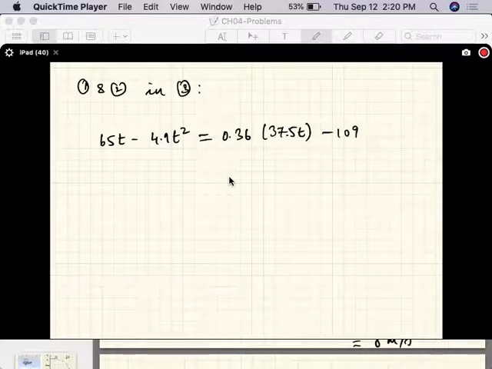Now you see you have an equation only in t and you can solve for t.